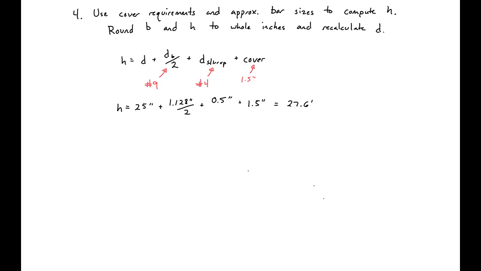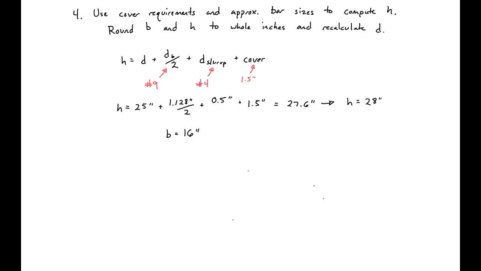27.6 inches. So we're going to round this to the closest 2 inch. So we'll go to 28 inches. And we're going to say our B before was 15 inches, so I'm going to round that to the closest 2 inches as well, and we'll use a B of 16 inches.